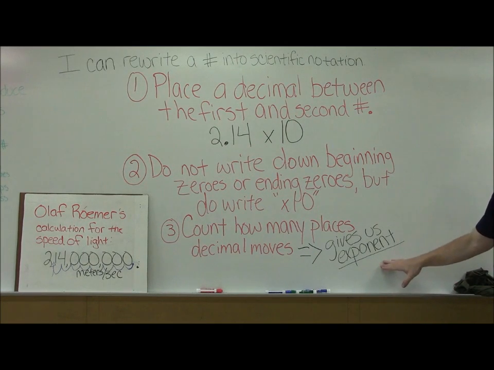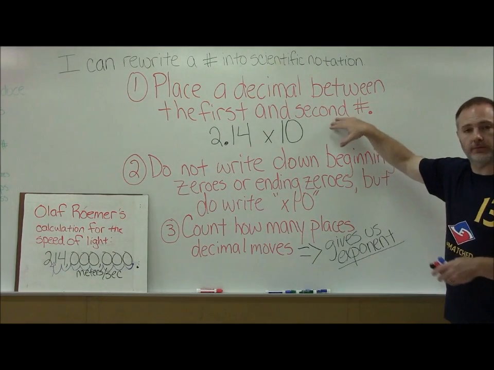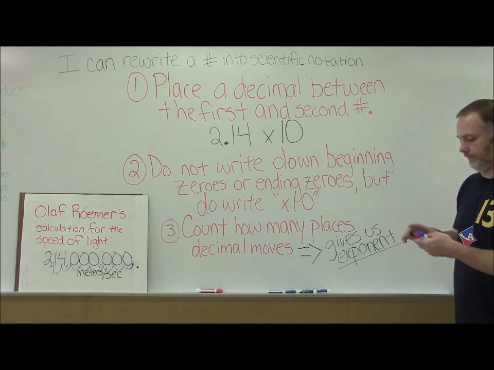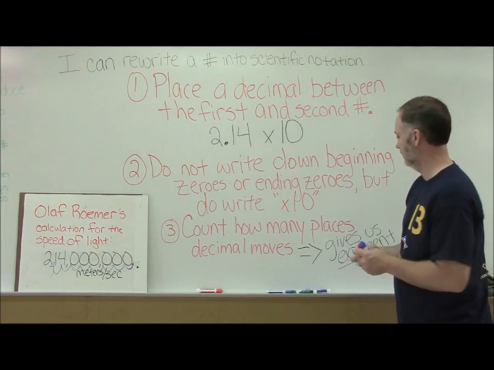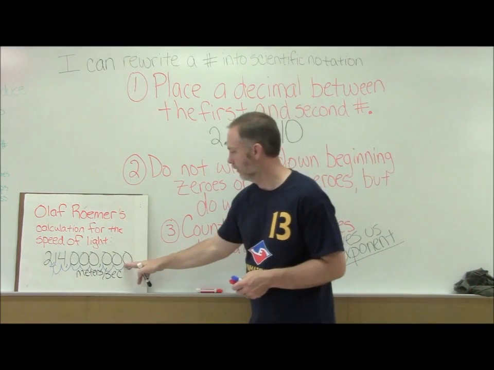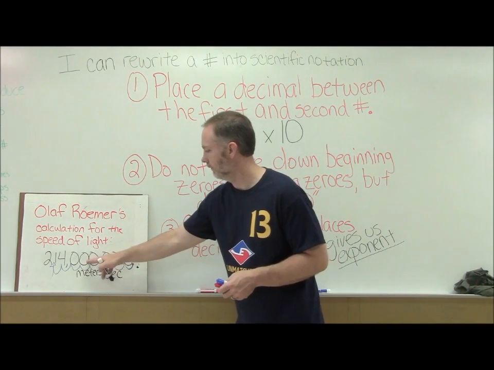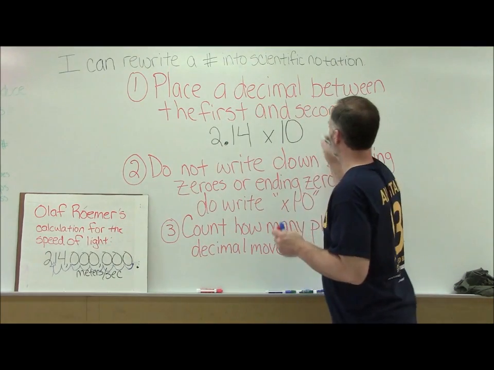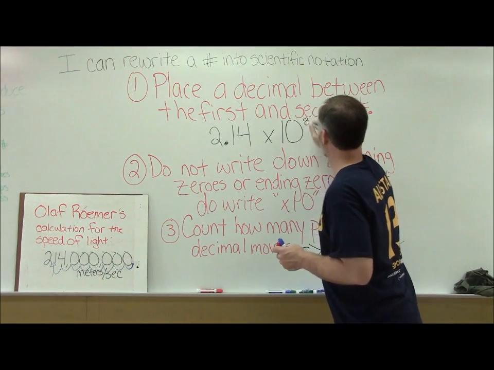The exponent is how many multiples of 10 we moved our decimal point over. So we moved it once, twice, 3, 4, 5, 6, 7, 8. We're going to make that our exponent.